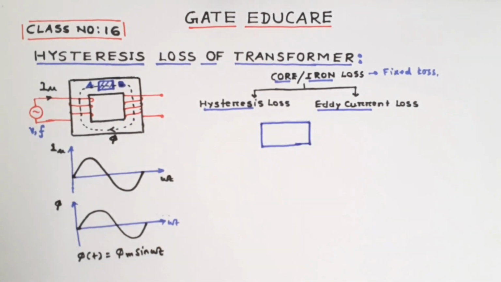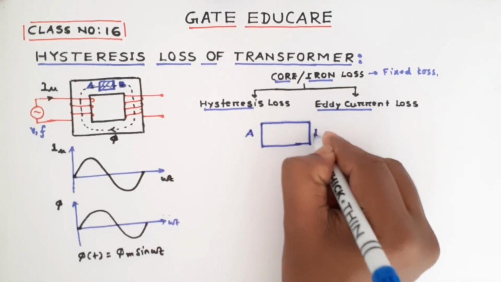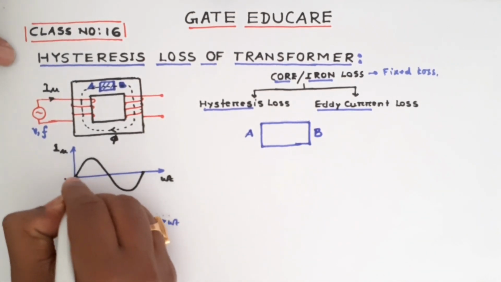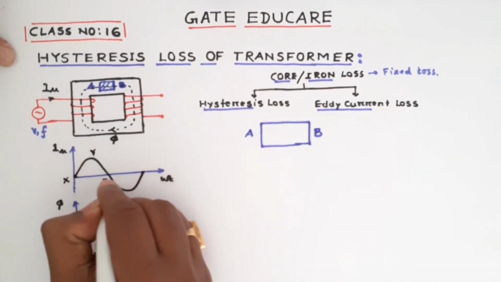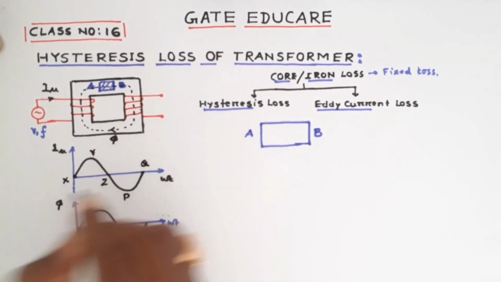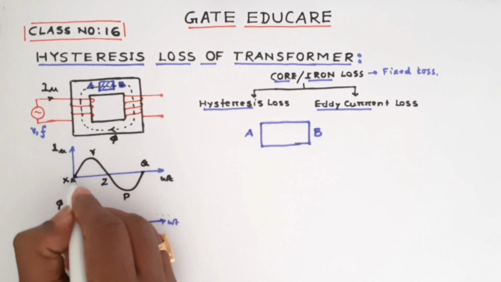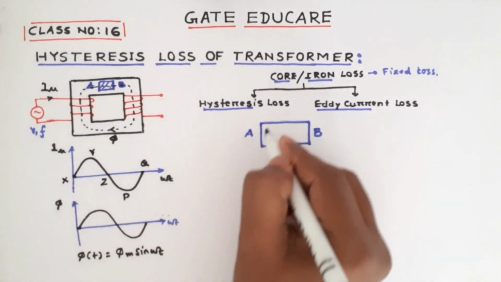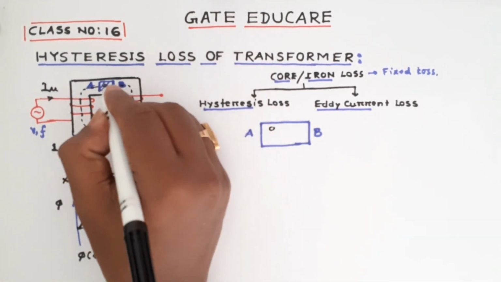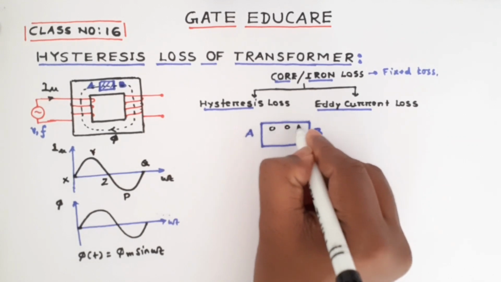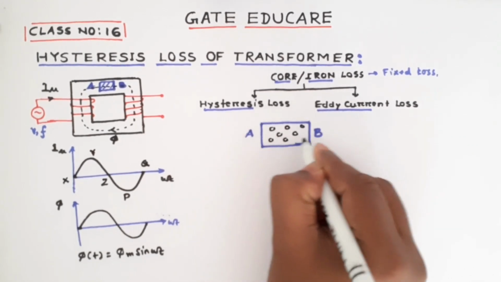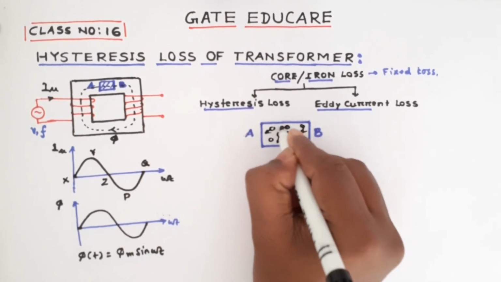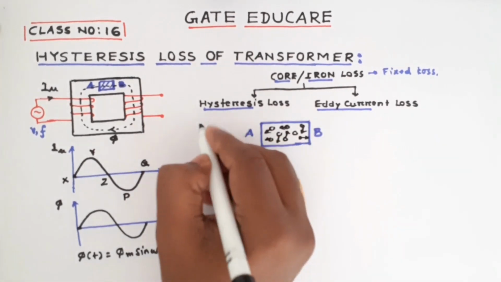Now suppose these points are X, Y, Z and P, Q. At point X, the current is 0, therefore the flux is 0. The magnetic dipoles of the AB portion of the iron part are randomly oriented in different directions. This is at point X.